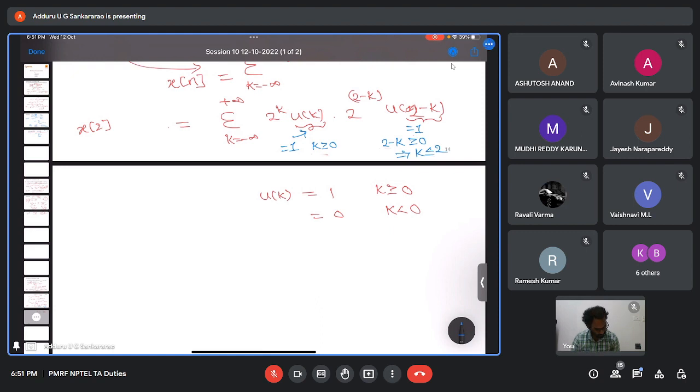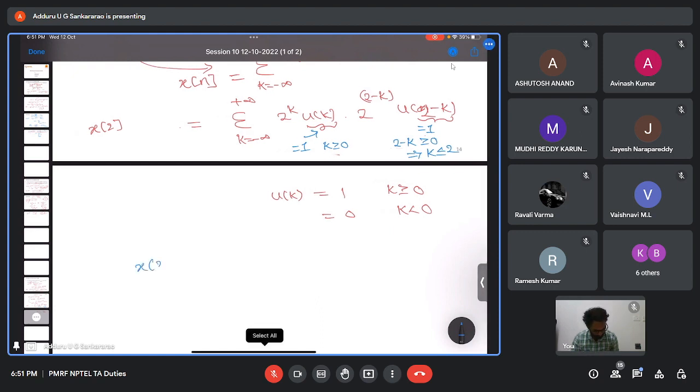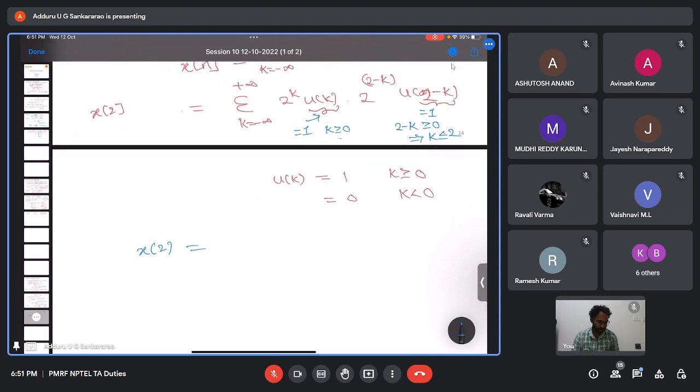That means this entire x of 2 is non-zero only for k greater than or equal to 0 and k less than or equal to 2. When k varies from 0 to 2, then 2 power k, u of k is 1 and 2 power 2 minus k, u of 2 minus k is 1.